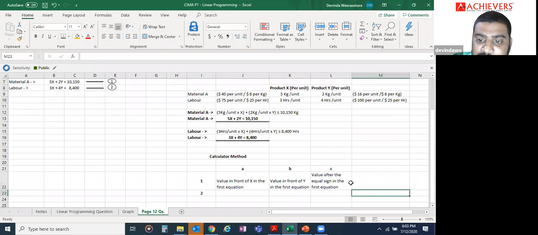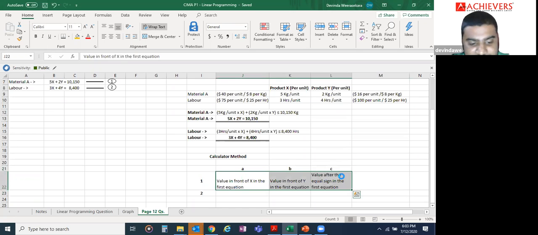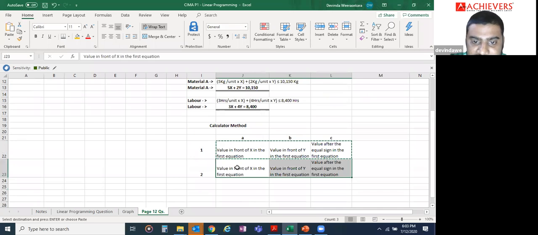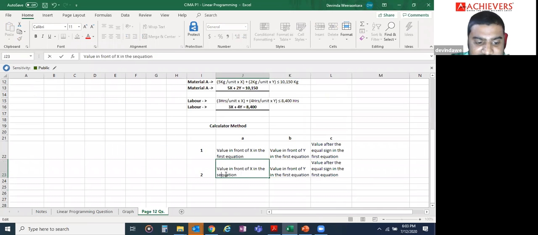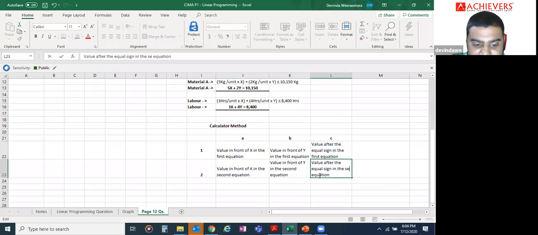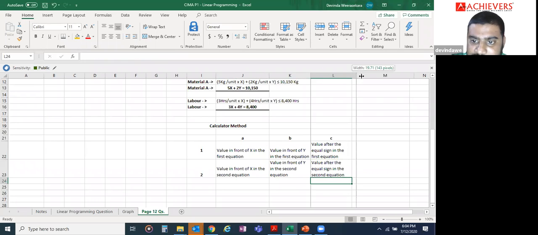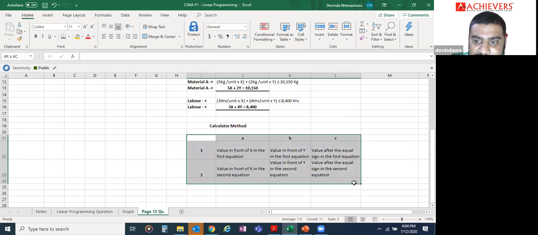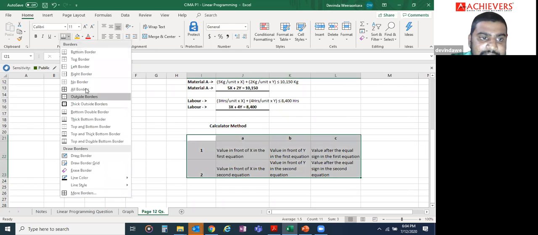So how much is that, guys? 10,150. Clear? So the same thing in the second equation, instead of first, it's the second. Clear? So this is the meaning, guys. Okay.